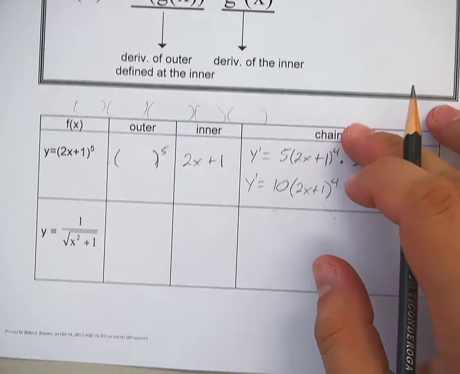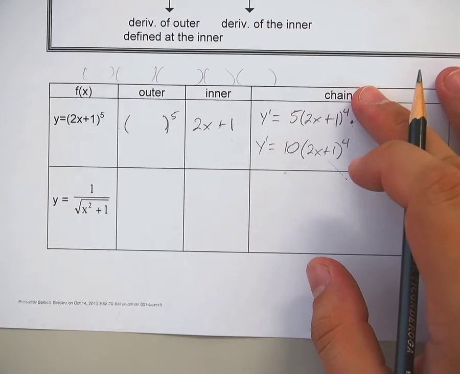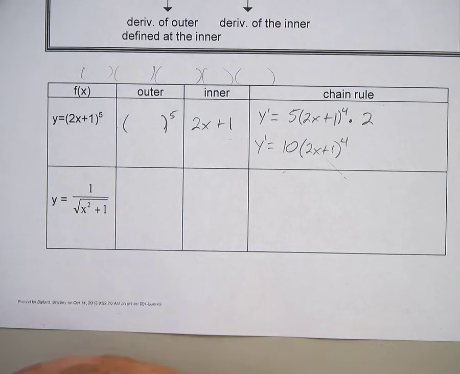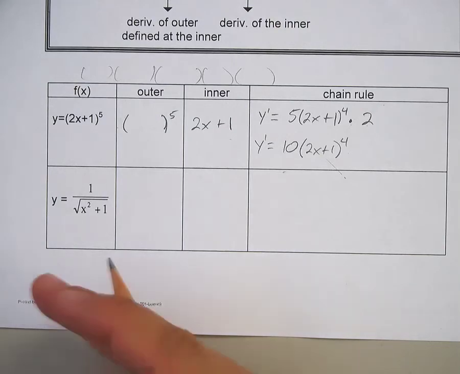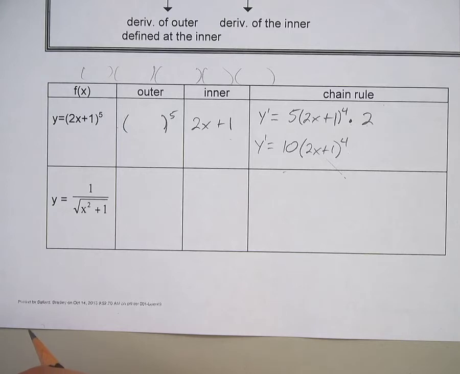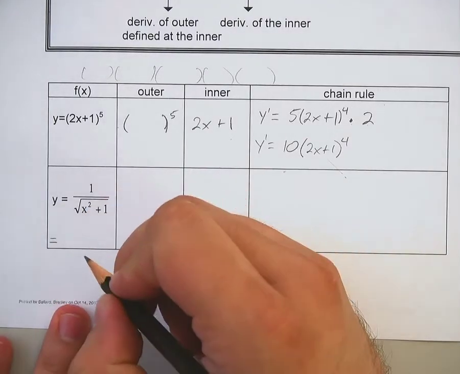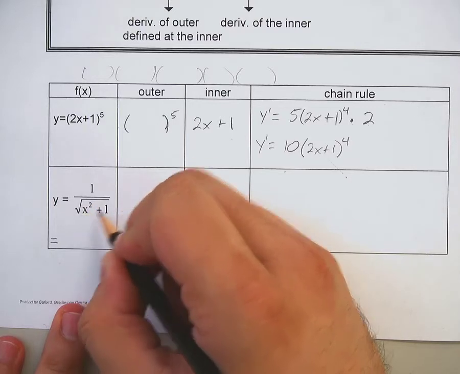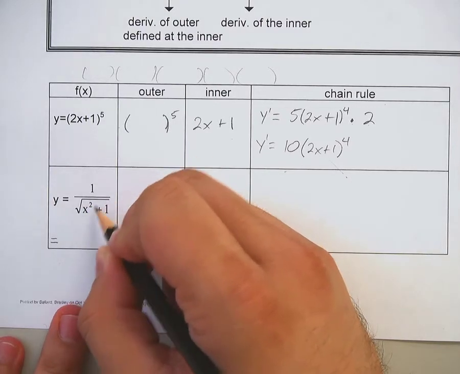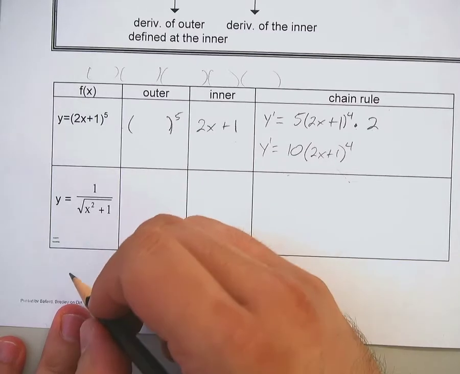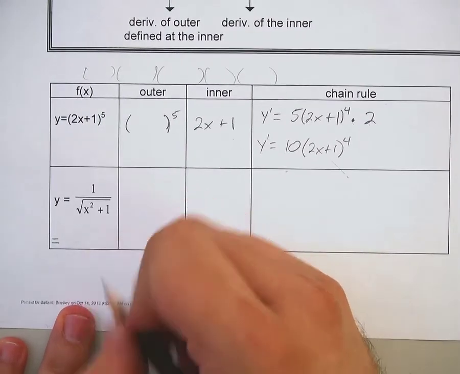y equals 1 over the square root of x squared plus 1. Okay, I'm going to do something here because right now this is a quotient rule. I'm going to do something to try and simplify this. The first thing I'm going to do is I'm going to see, can I raise all this up to get rid of this fraction stuff that's happening right here? If that's ever the case, I want to take that route. And here we can.